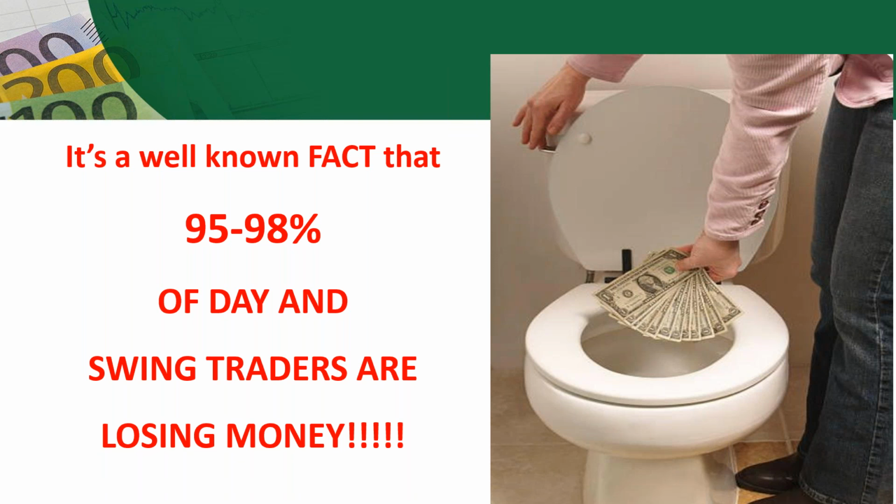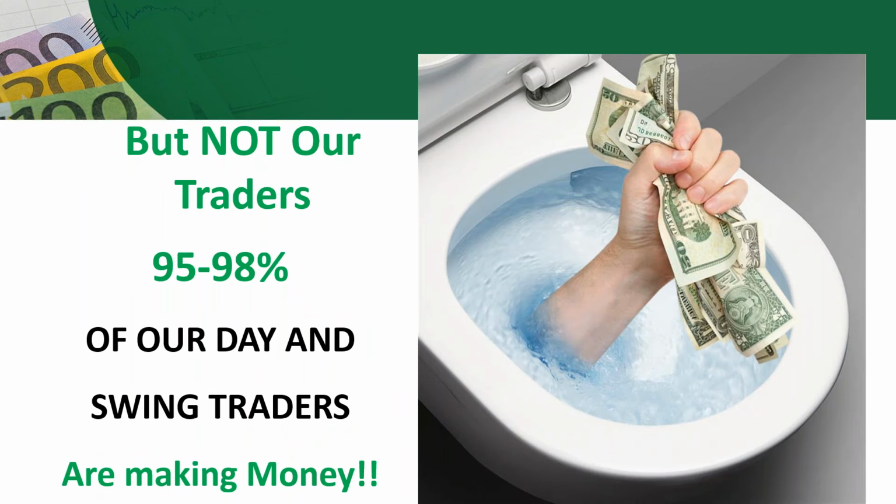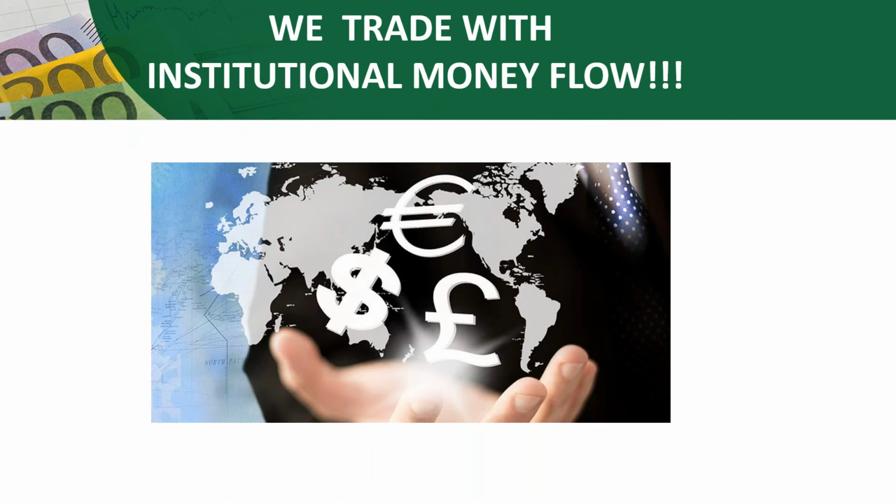I said, you love it? Why? He said, because we know that money is going to be gone within a few weeks or a month. They're going to lose that money because that's what retail traders do. So if retail traders lose money, why do we want to trade with them? We don't. Our traders are trading with institutional order flow. We're just following the whales that are eating the guppies, right? And we're making money because we trade with institutional order flow.